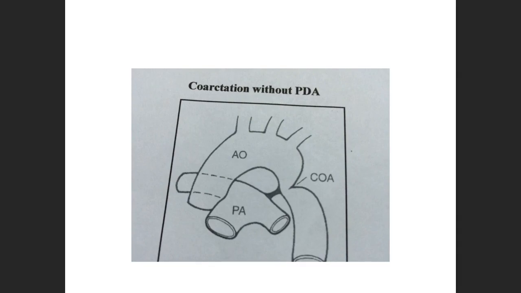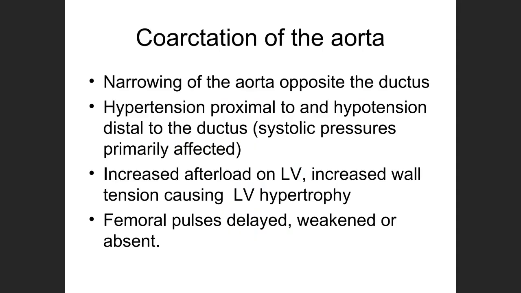If you compare the previous illustration, you can see PA representing the pulmonary artery, and the ductus is constricted there, that dark string, opposite the coarcted area. So there's a decreased flow across the obstructed area once the ductus arteriosus has closed.